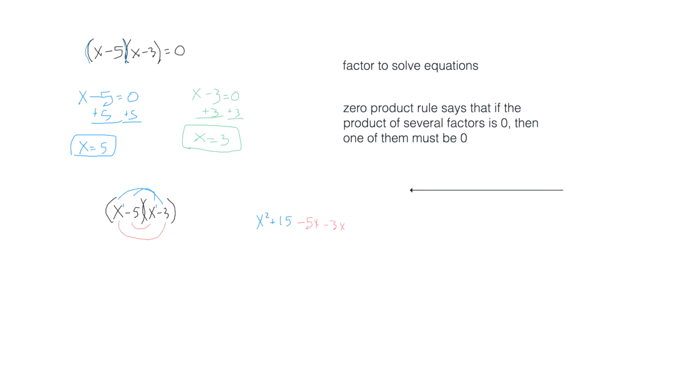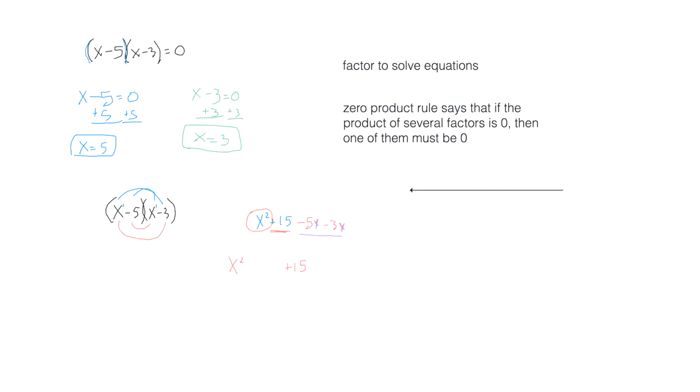Now I'm going to combine my like terms. I only have one x squared term. We like to keep the whole number at the end. And I can combine my x terms since they're both x's. So minus 5x, taking away another 3x, so I'm getting more negative.